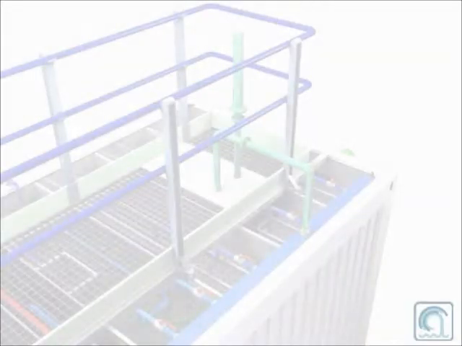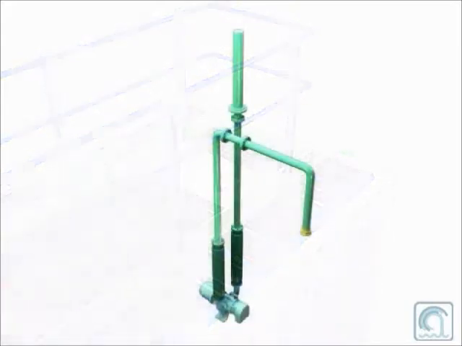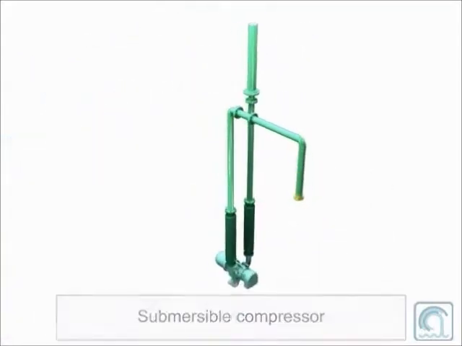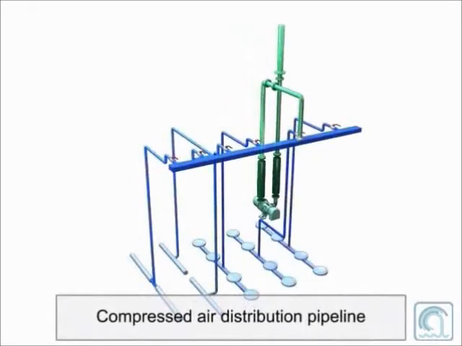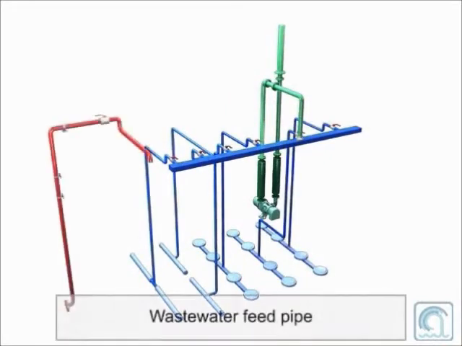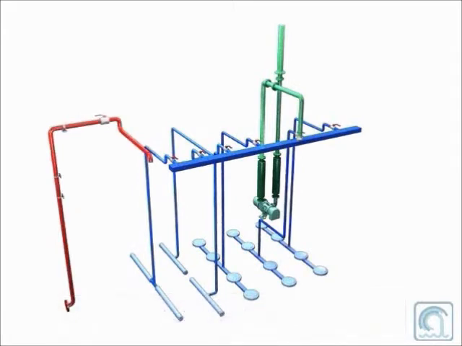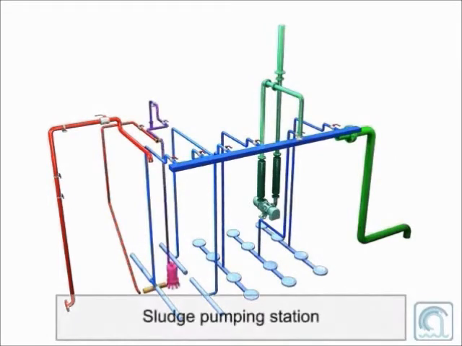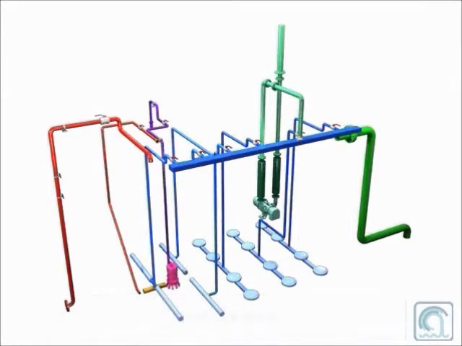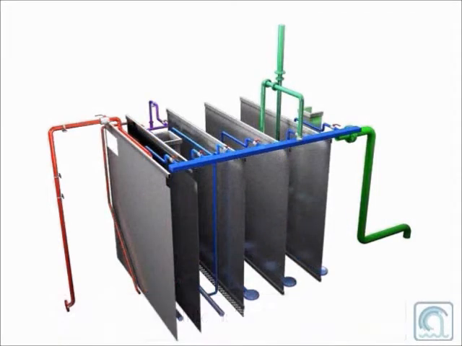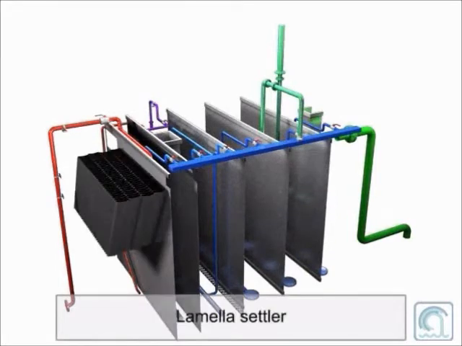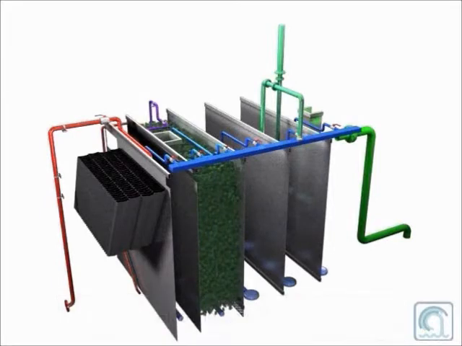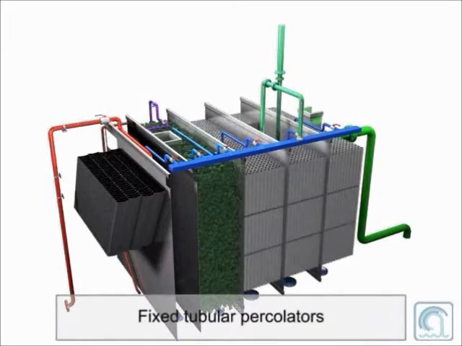This video provides you with an overview of the main components of the treatment plant. Submersible compressor, compressed air distribution pipeline, wastewater feed pipe, bypass line, treated effluent discharge pipe, sludge pumping station, internal walls, lamella settler plate pack, floating media, fixed tubular media.